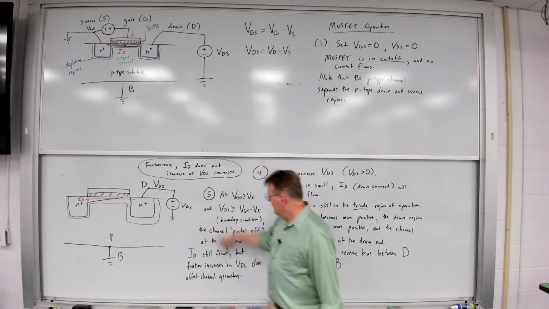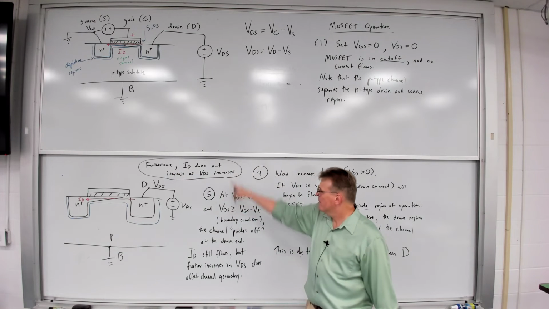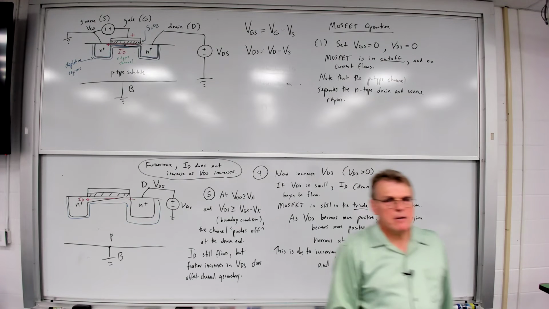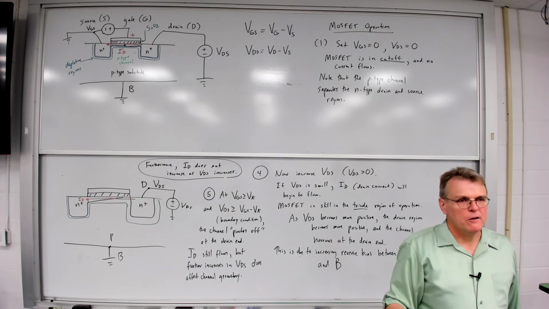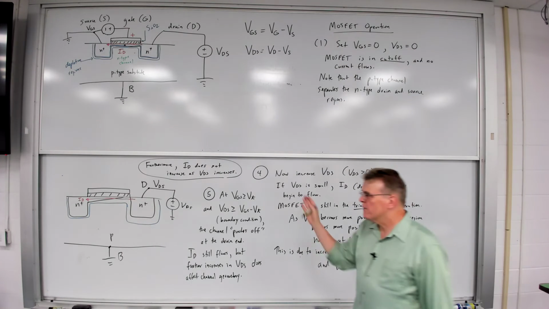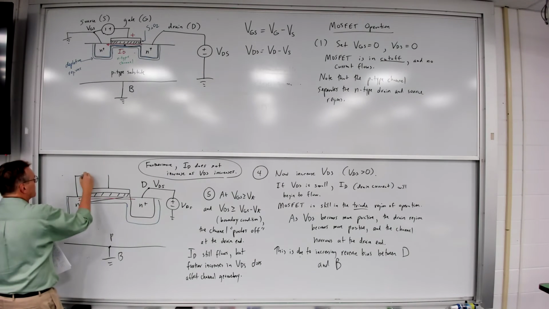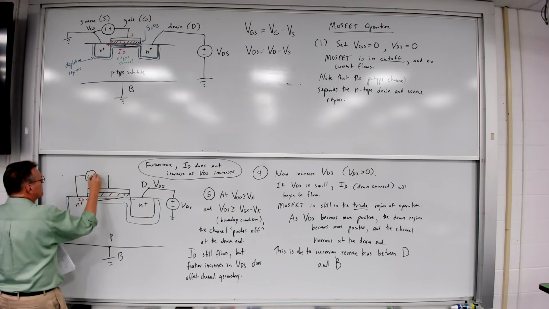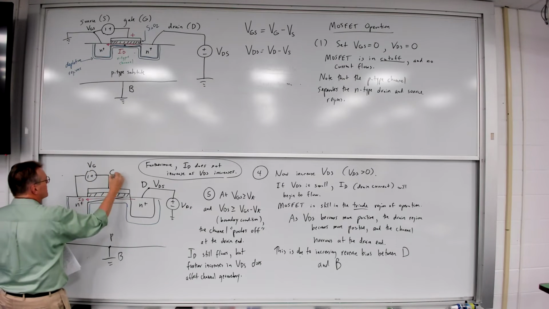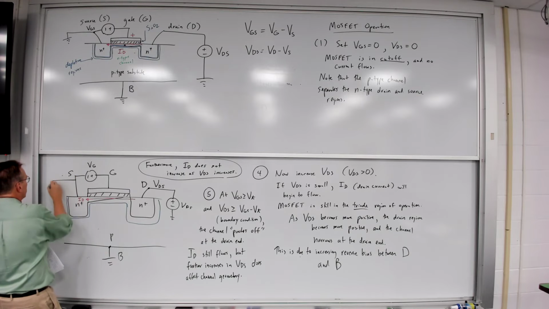So once I reach this pinch-off, then ID remains constant. I can make VDS larger, but it's not going to really affect the current. Of course, I want to clarify, I do have VGS still connected between the gate and the source terminals, just to clarify to everybody.